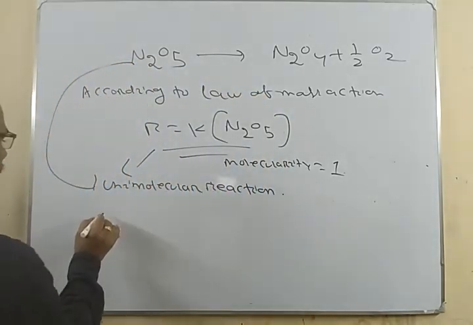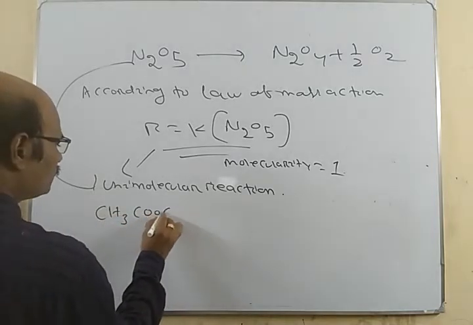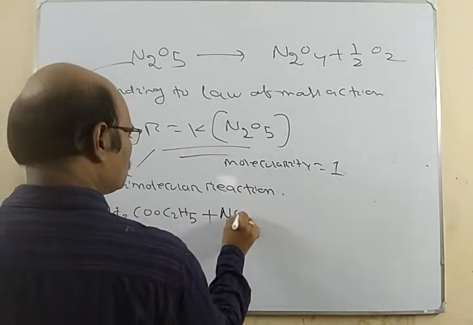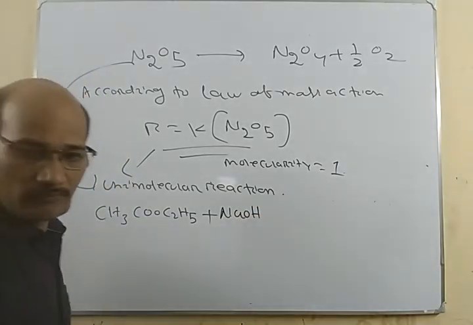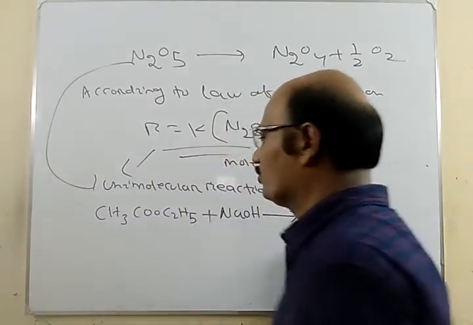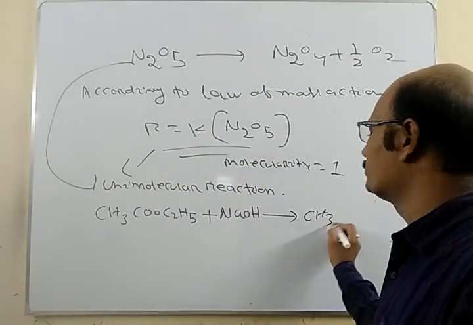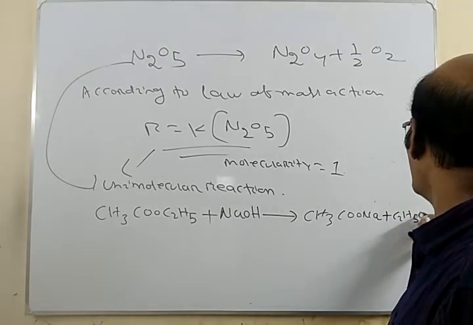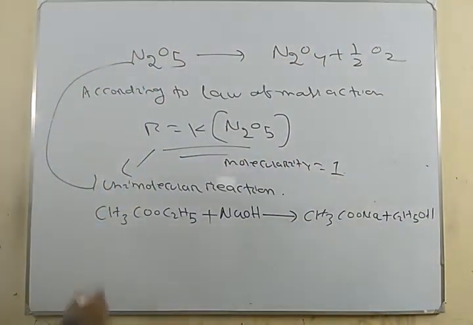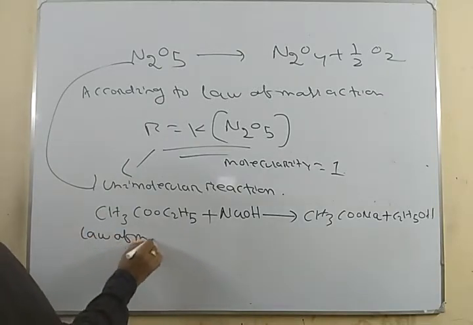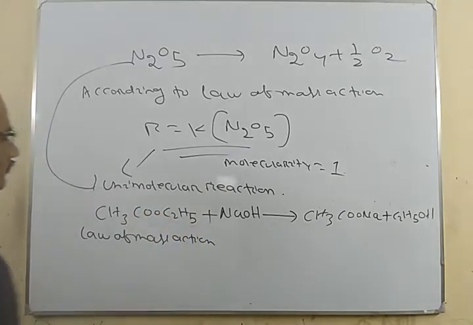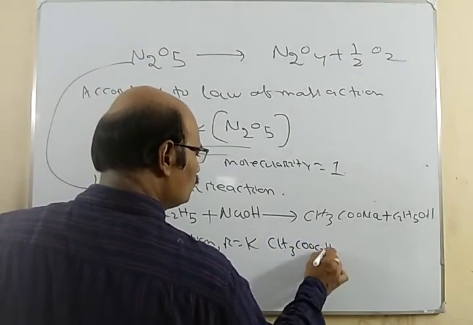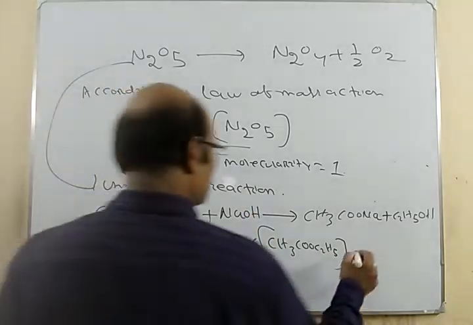Similarly, suppose I take CH3COOC2H5 plus NaOH, which gives CH3COONa plus C2H5OH. Here I can write the law of mass action: R equals K into CH3COOC2H5 into NaOH.